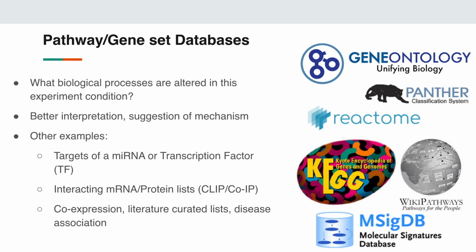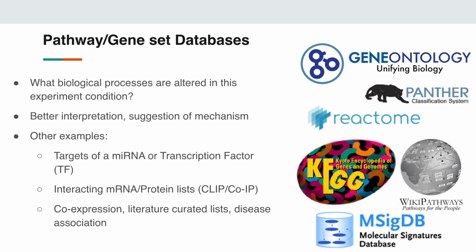And there are many examples of pathway and gene set databases that contain the information you need for this kind of analysis. And I've put some of them here for your knowledge. For example, gene ontology, which I'll go into in more detail, and the Panther classification, which is somewhat tied to gene ontology.